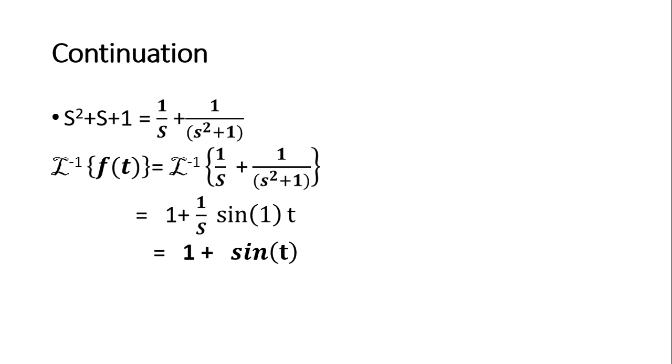So when you replace beta where it has to be, it's going to be 1 out of 1 sine 1t. But since 1 out of 1 is 1 and 1 times sine t is sine t, you're going to end up with 1 plus sine t. And that will be the final answer.